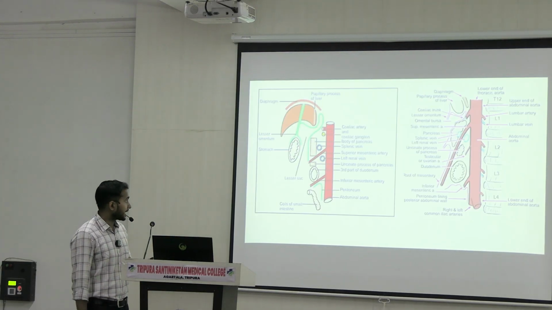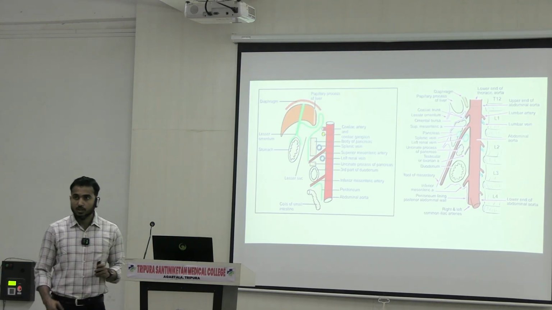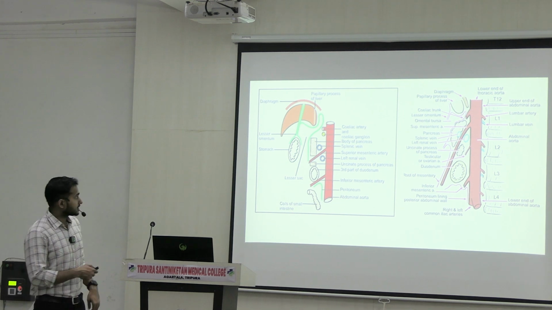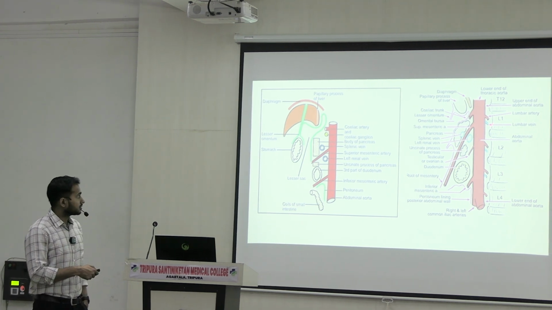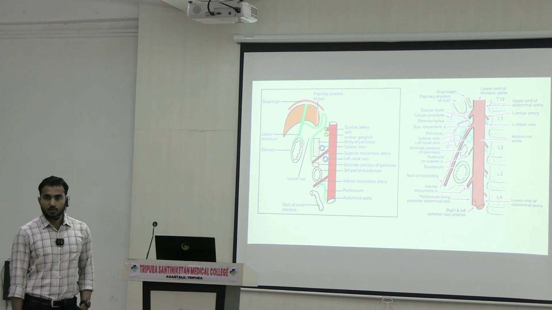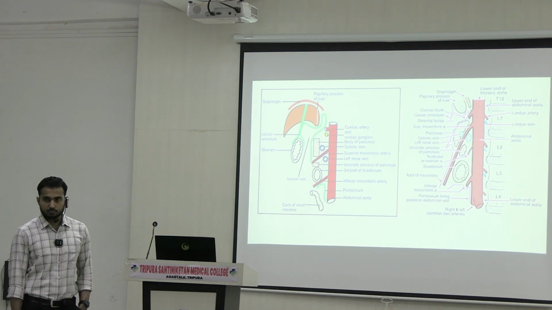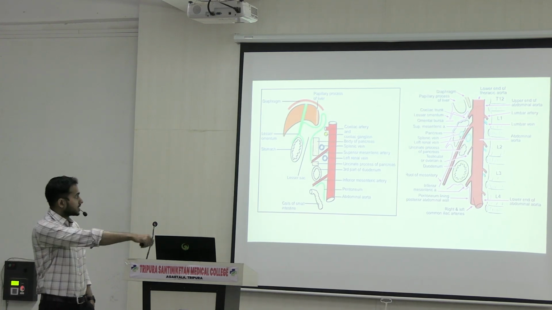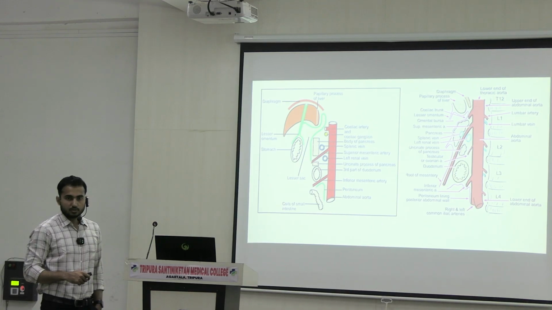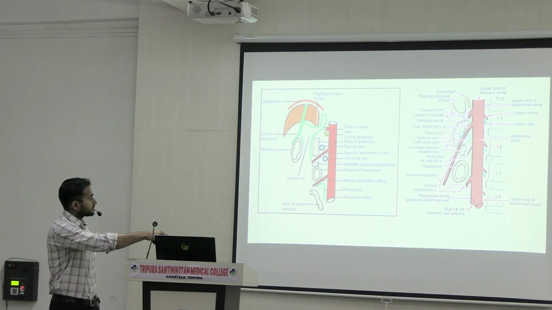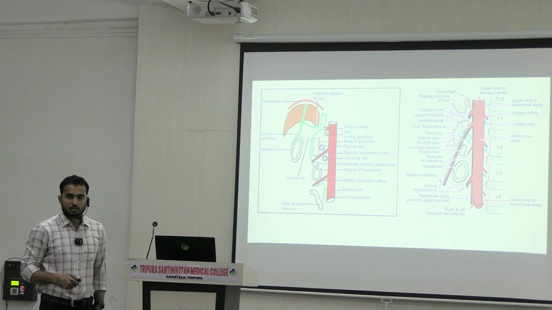Now, if you see the diagram, yeah. Now, can anyone tell me this diagram is of which section? Sagittal section. Okay. So which is anterior, which is posterior? So this is the posterior aspect and this is the anterior aspect.